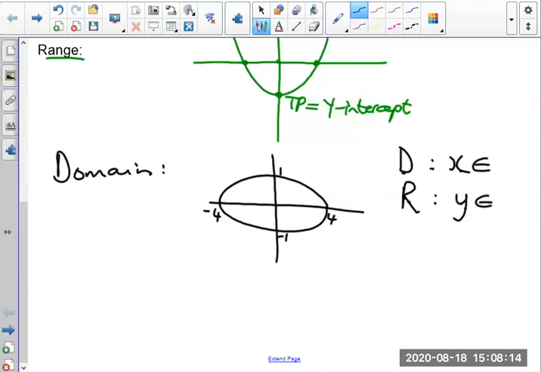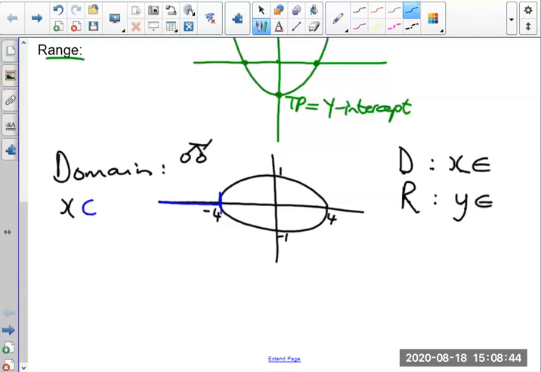Now, if you want to know the domain or the range, you want the values from the smallest to the largest. If I want the domain, that means I want the x values. Come from the left-hand side with your bicycle again. The very first place where you will hit that graph is at -4.